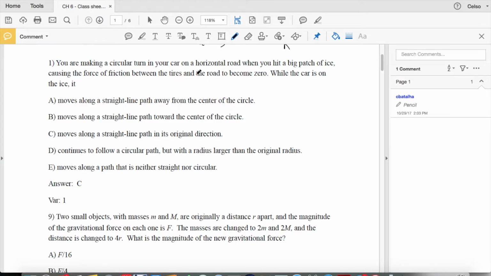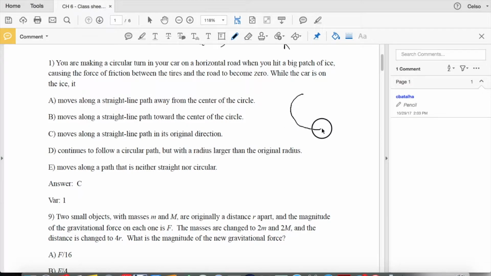You are making a circular turn in your car on a horizontal road when you hit a big patch of ice. Whoops, that's no good. Causing the force of friction between the tires and the road to become zero. That's even worse, especially if the tires are not good, if the tires are bald, no tread, no nothing. That's horrible. While the car is on the ice, okay. So what happened?